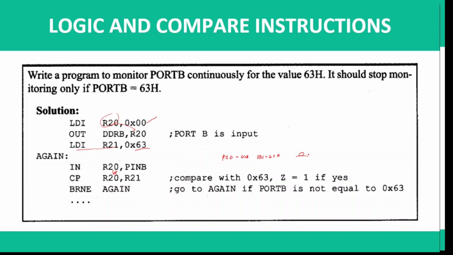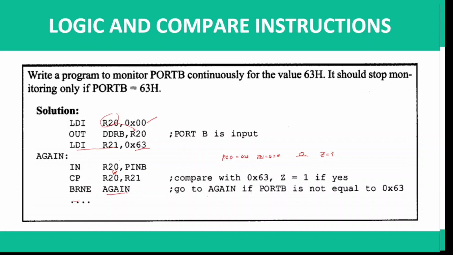So, having this output will give the flag Z equal to 1. So, since we have Z equal to 1, meaning, unsa man siya? It should stop monitoring if port B is 63. So, mo-continue na siya sa next instruction.